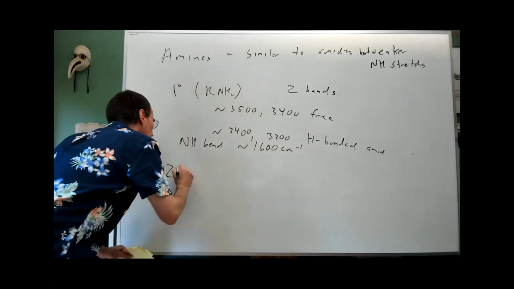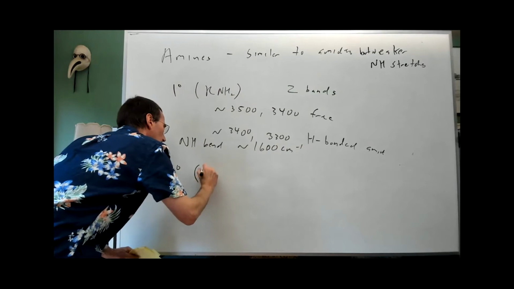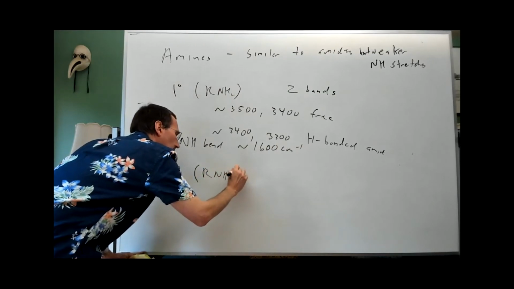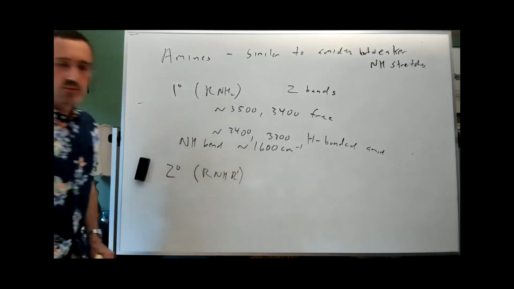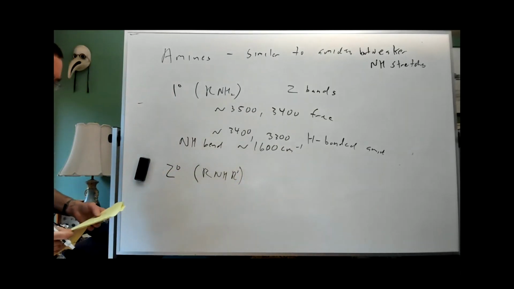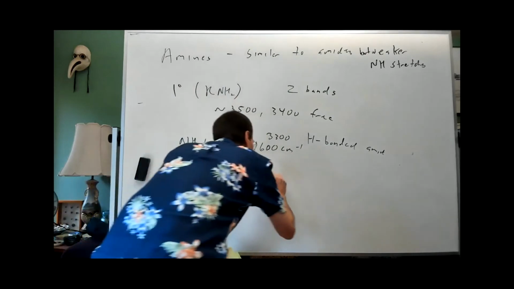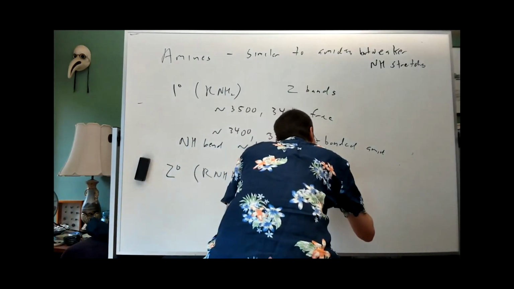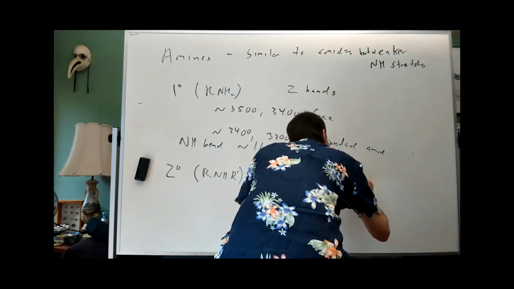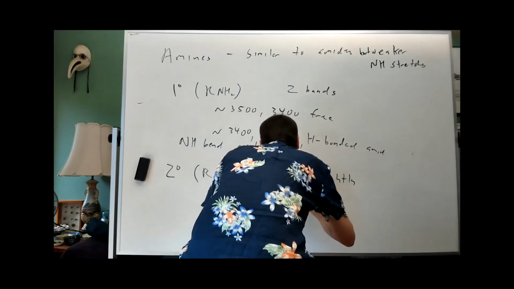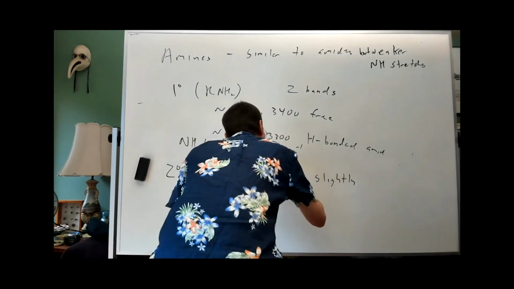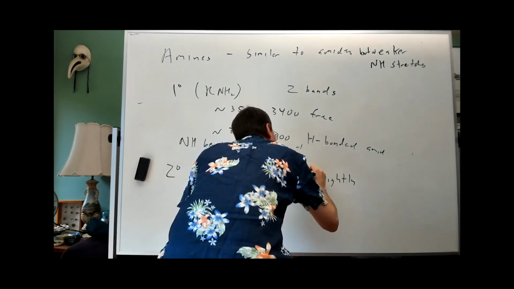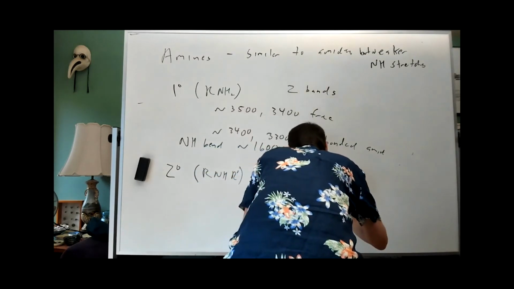For a secondary amine, so R, NH, R prime, then we're only typically going to see 1 band, slightly lower in frequency, let's say. So this is 1 NH stretch, I should say. Slightly lower in frequency.